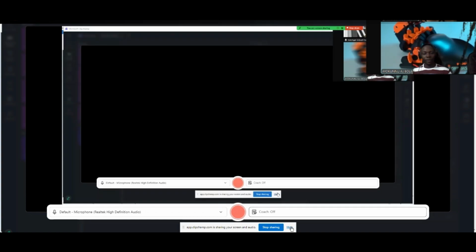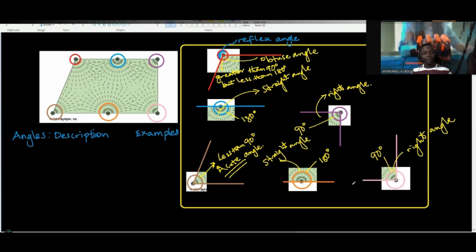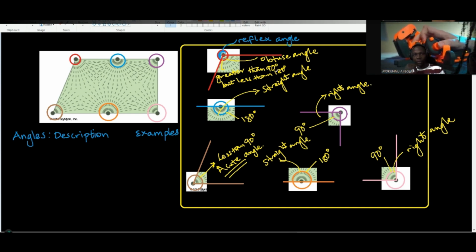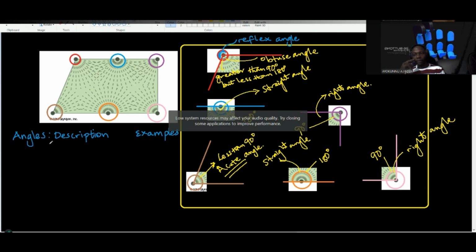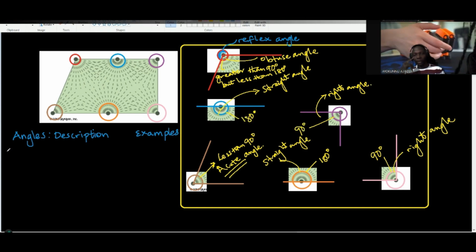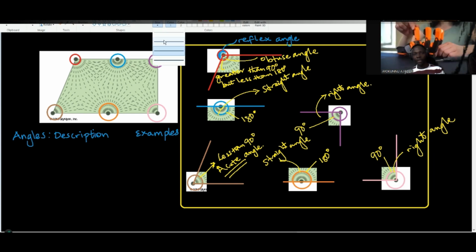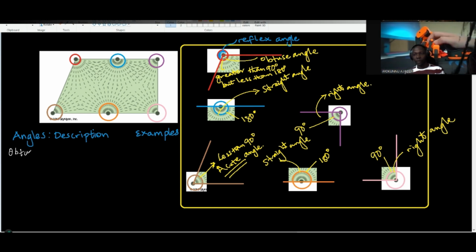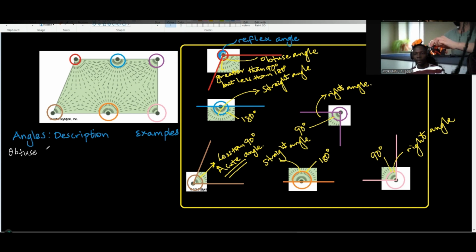Do you know examples of each angle mentioned? Okay, let's look at the examples. If we mention obtuse angle... Let's say we mention obtuse angle.